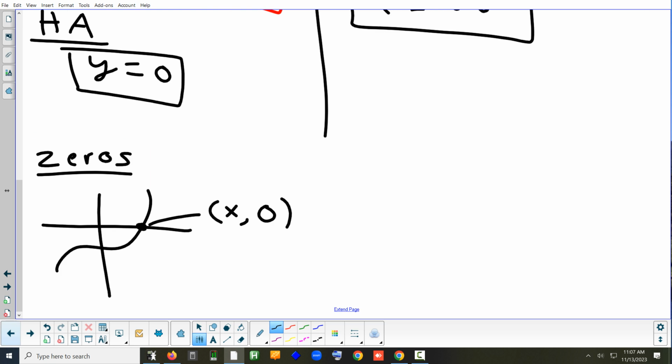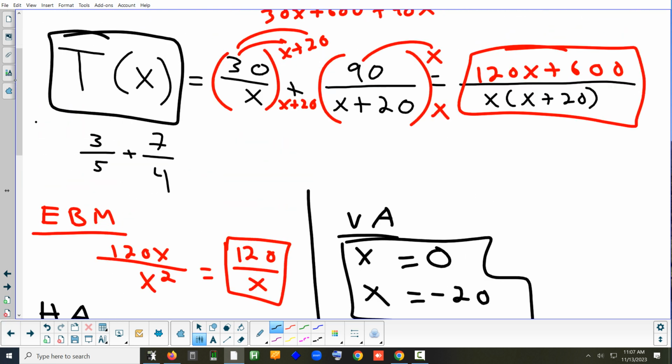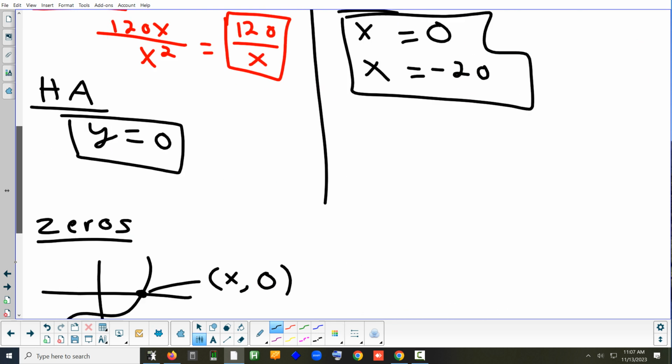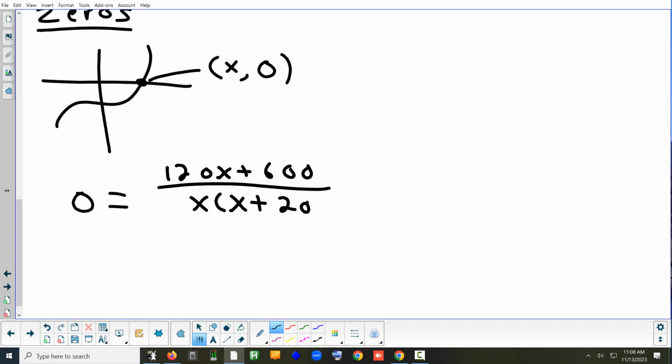Okay, let's try it. 0 equals, and use the version that's all combined together. That's going to be a lot easier. 120x plus 600 over x times x plus 20, I think. Okay, so you're basically setting a fraction equal to 0.